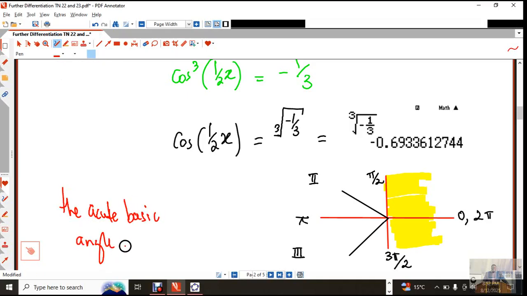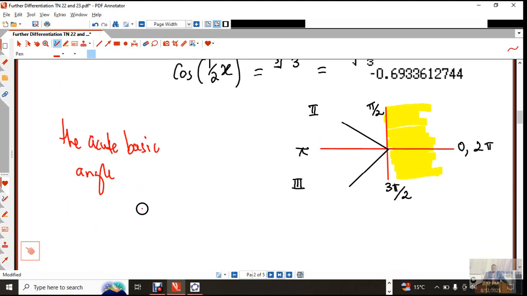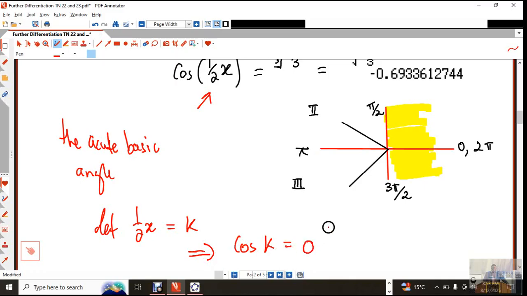Some people just call it the reference angle. So first I'm going to let this half of x, this stuff that is inside here, be replaced by a letter k. This implies that I have cos of k is equal to, now I'm going to take the positive value of this because I'm looking for the acute basic angle, 0.69336 and so on.